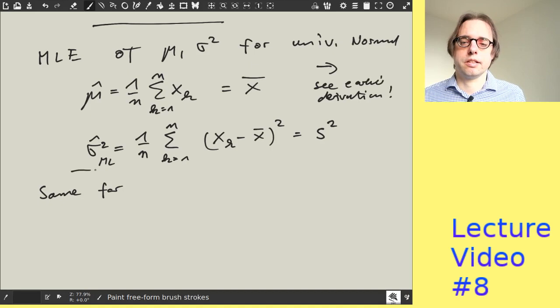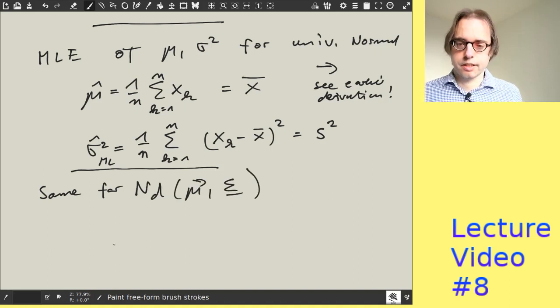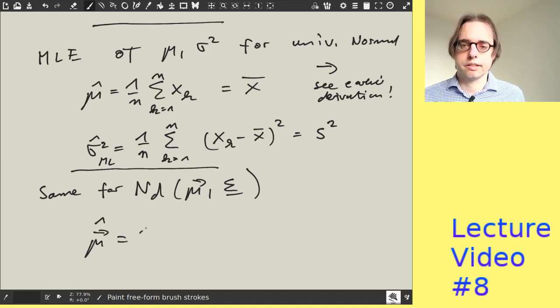So we can do the same thing now for the multivariate normal N_d(mu, Sigma), and we can write mu vector hat as 1 over n times the sum over all the vector observations.